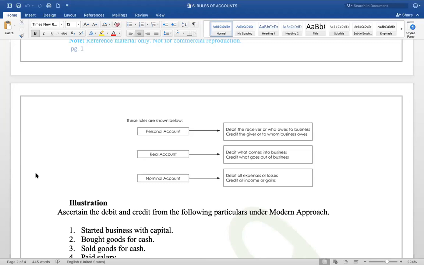Okay, so once again we'll run through personal account: debit the receiver and credit the giver. Let's say Lalita is giving money to Maheshwar Bompala. Maheshwar is receiving, so his account is debited.